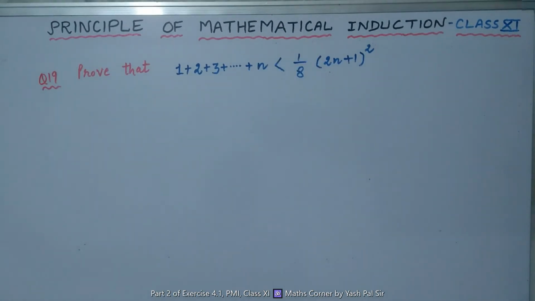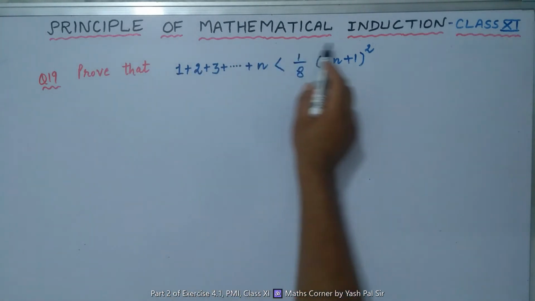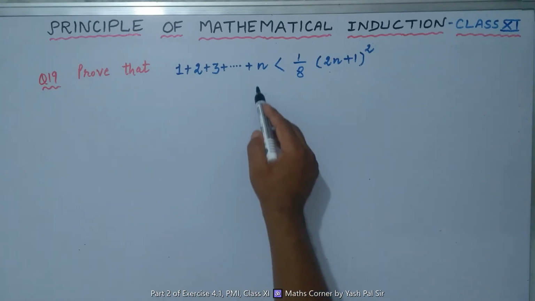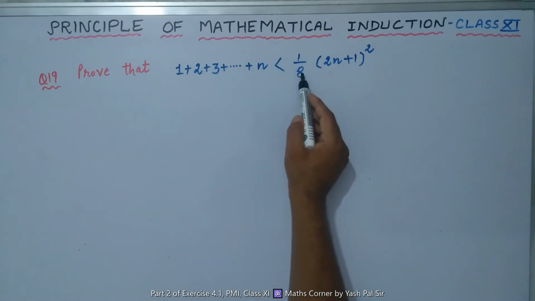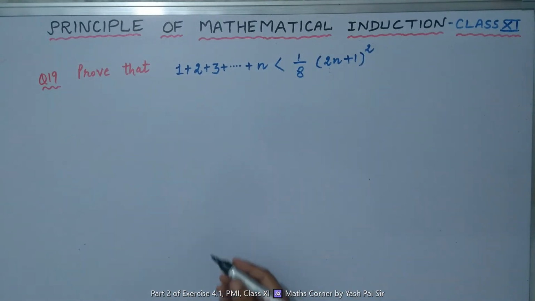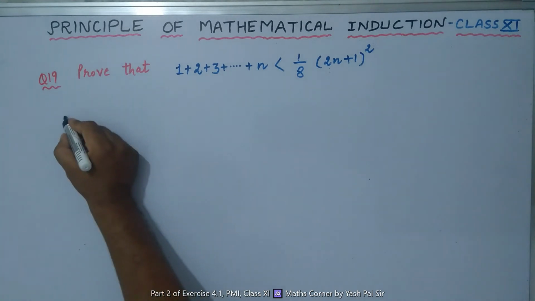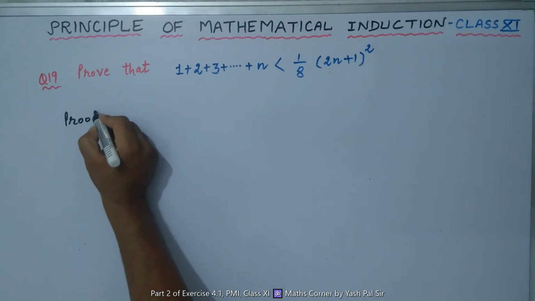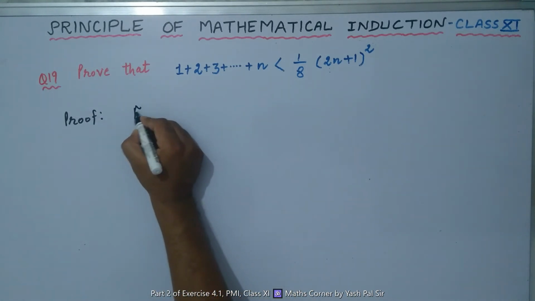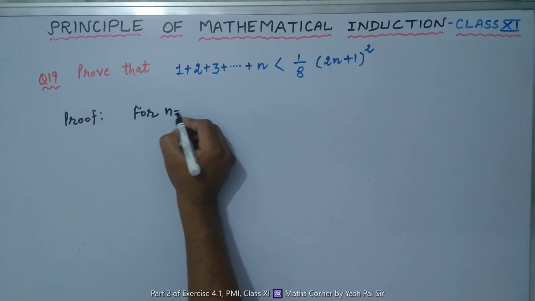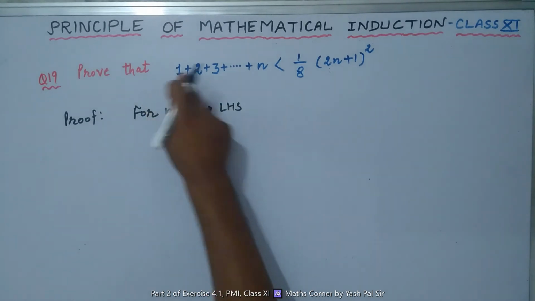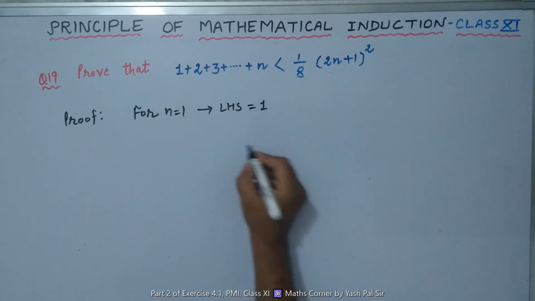Question number 19. Using principle of mathematical induction, prove that 1 plus 2 plus 3 and so on up to n is less than 1 upon 8 into 2n plus 1 whole square. So first of all, we write the left hand side for n is equal to 1, that means we write just only the first term, which is equal to 1.